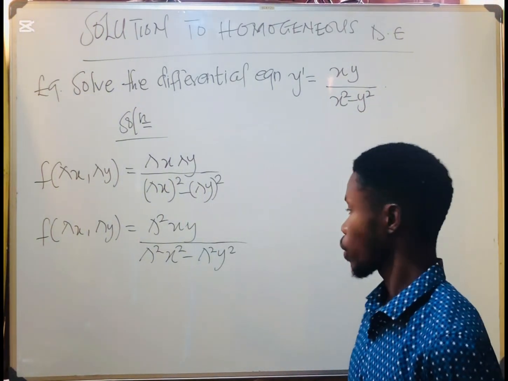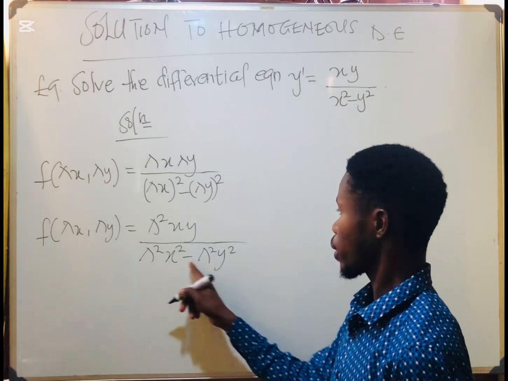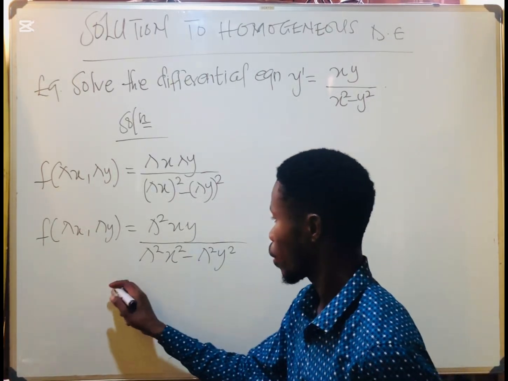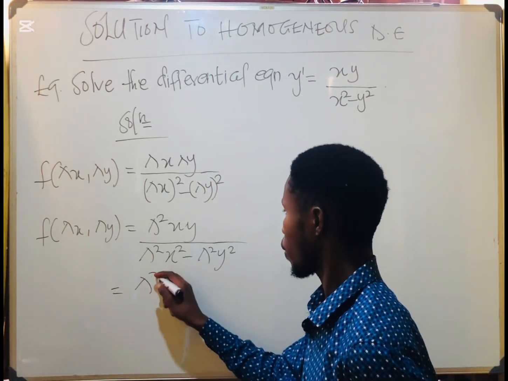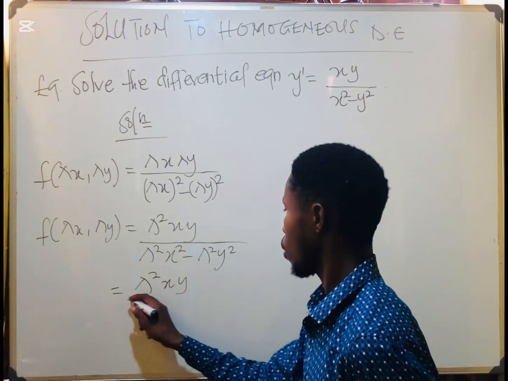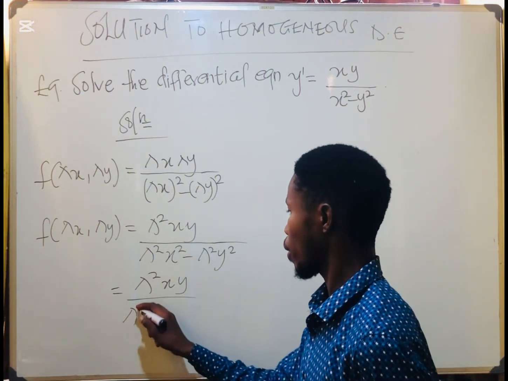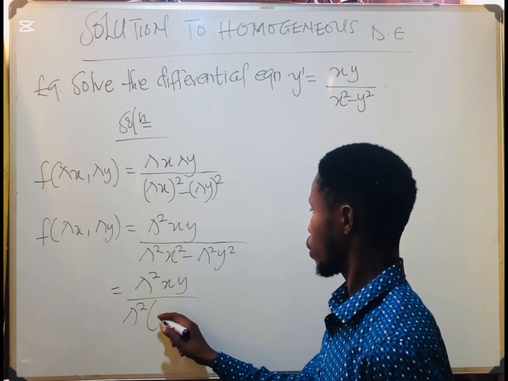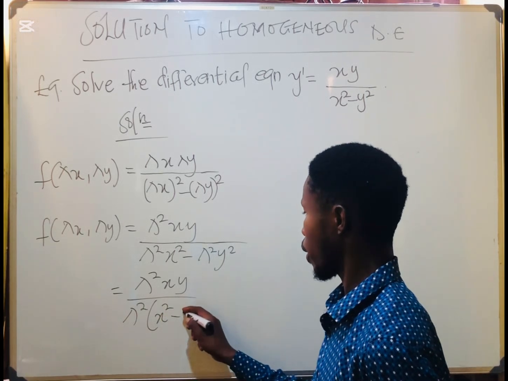I can factorize the lambda squared out, and I have lambda squared xy over lambda squared, which leaves x squared minus y squared.